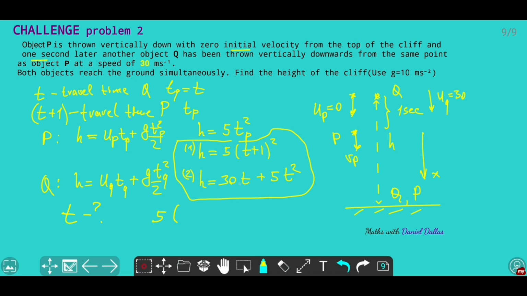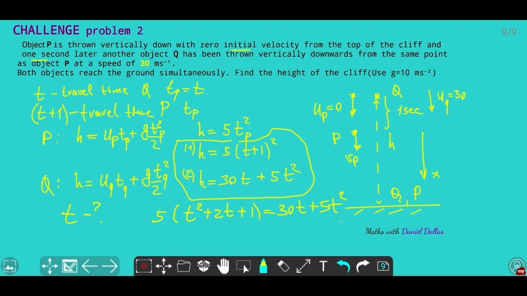Let's expand the brackets. t plus 1 squared is going to be t squared plus 2t and plus 1 in the brackets, times 5. What about the right side? The right side is going to be 30t and plus 5t squared. As you can see, it's a pretty cool equation.